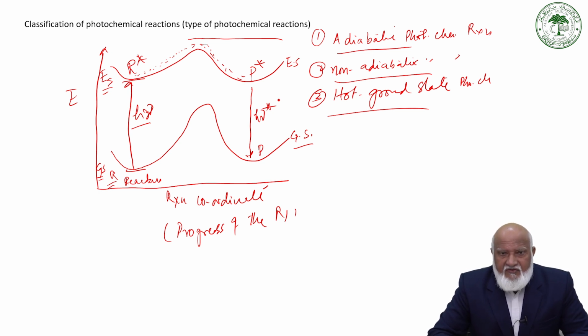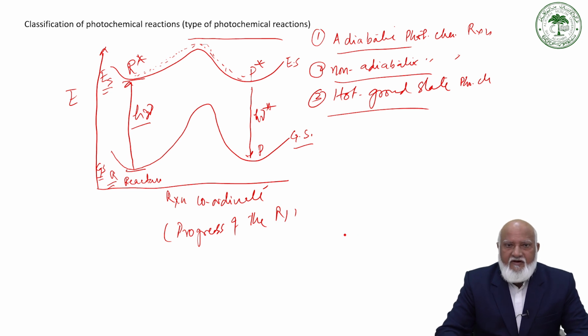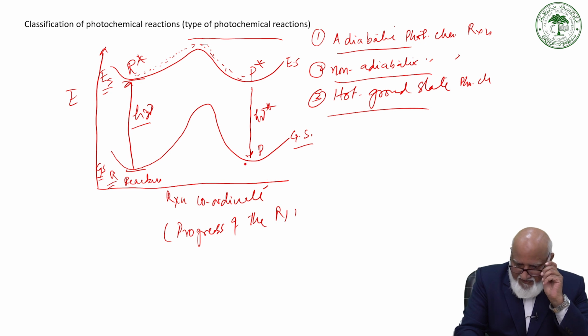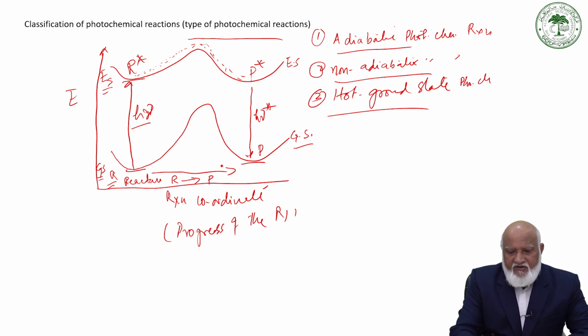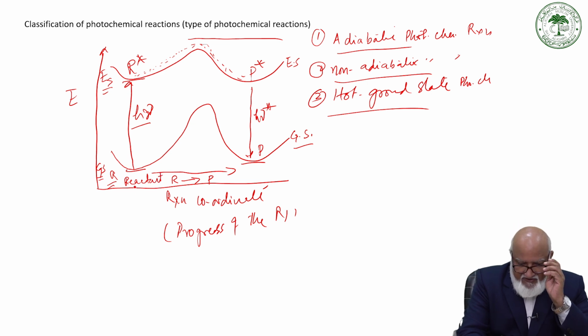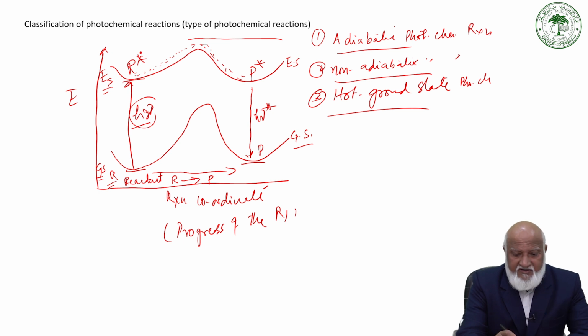So if the reaction is proceeding via this way of representation, the transformation of reactant R to product P in this manner, we have two curves: the ground state curve and the excited state curve. The reactant in the ground state, on absorption of light, goes to an excited state of the reactant.